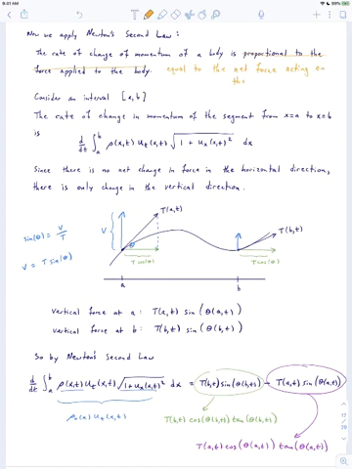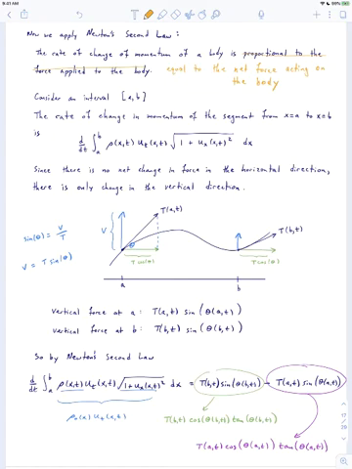That's what this should say. Because what we've been talking about is the net force acting on the body. We've just shown that there is no net force acting horizontally. There's only a change in force in the vertical direction. So we're going to explore that.